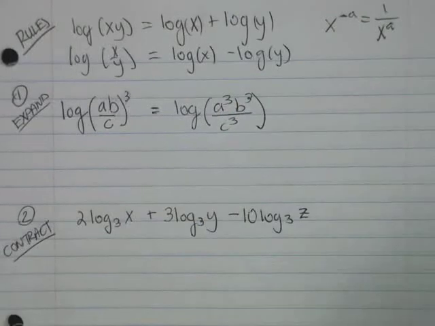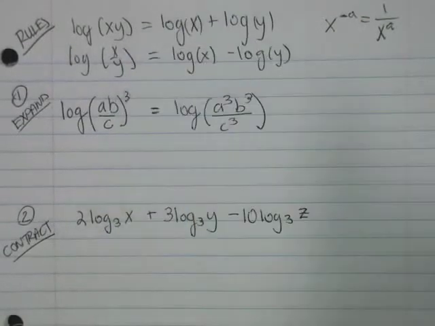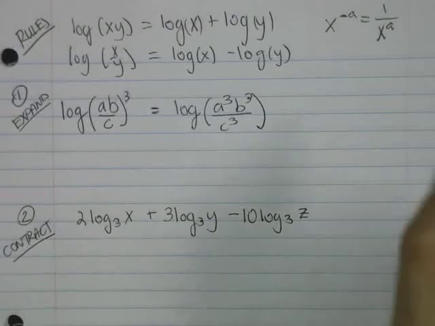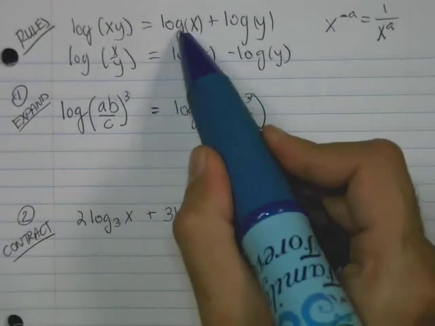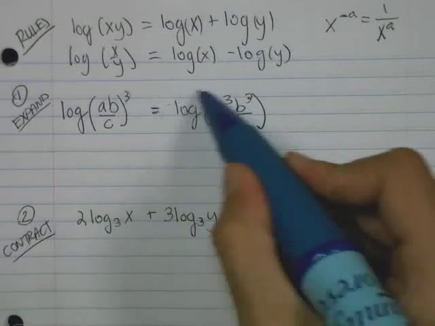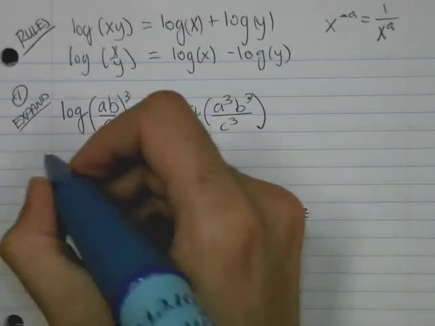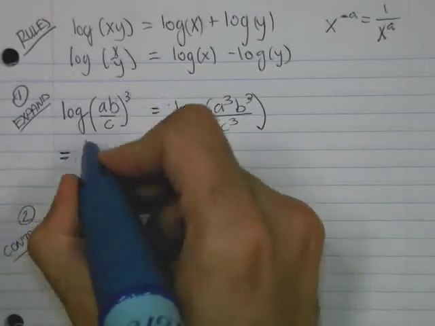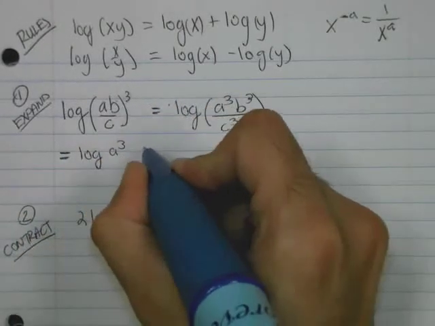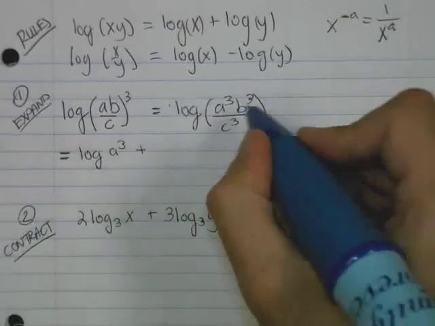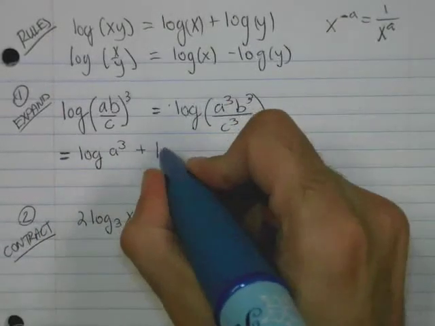And then I'm going to use these rules to tell me what to do next. Well, these rules say that if I'm multiplying stuff, it's the same as rewriting it as log of this thing plus log of this thing. So let's do that. So this equals log of a cubed plus, since they're being multiplied, I get to add log of b cubed.